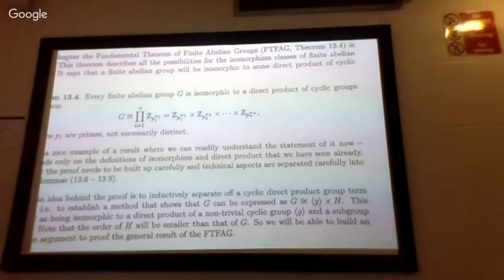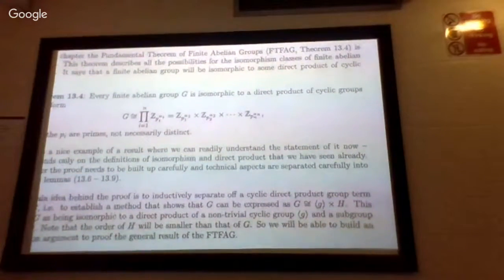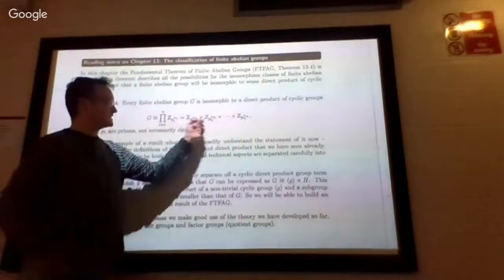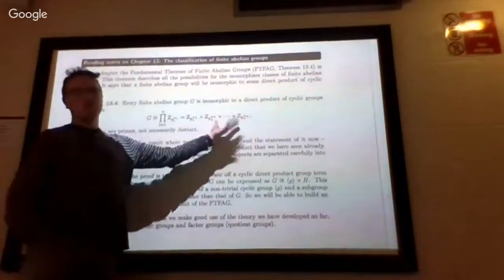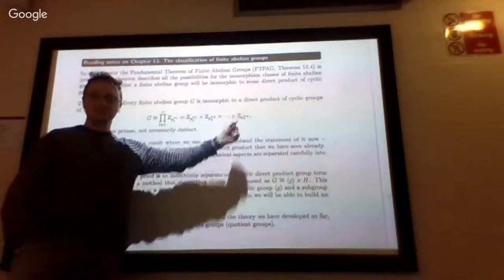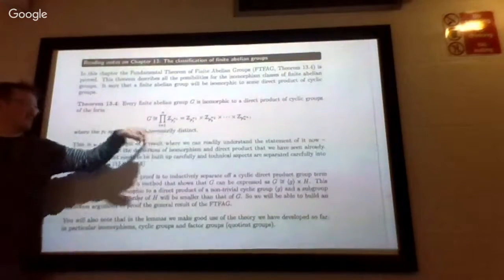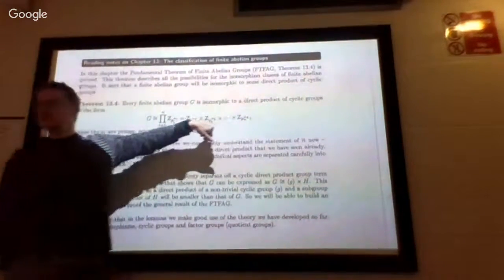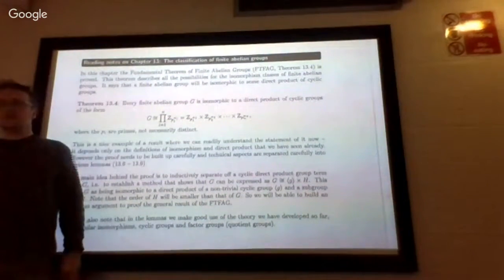So there'll be some bunch of primes, p1 through pn. Now, from number theory, wherever we see a product with p1 through pn, normally the p's were all distinct. Well, here we're emphasizing that they're not necessarily distinct. So you could have the same prime number appearing in multiple locations.